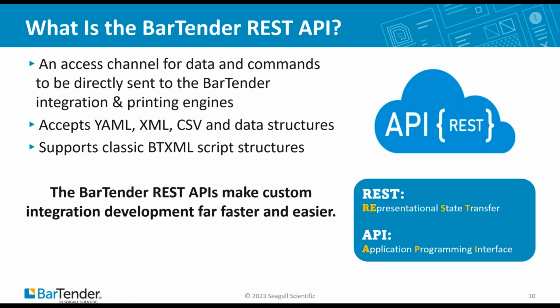It stands for representational state transfer application programming interface. But what this basically means is that BarTender has set up a series of standard ways that an external data source can send information in to the BarTender engine to execute BarTender type tasks, be it integrations, printing, etc.